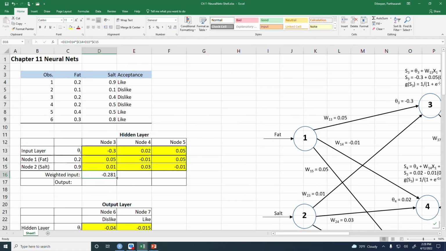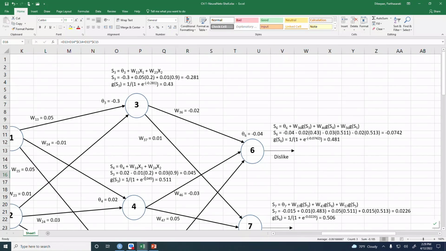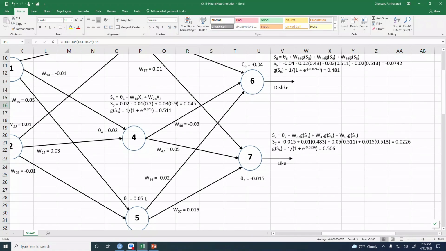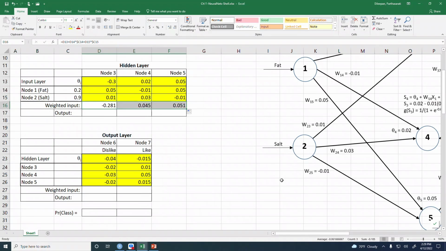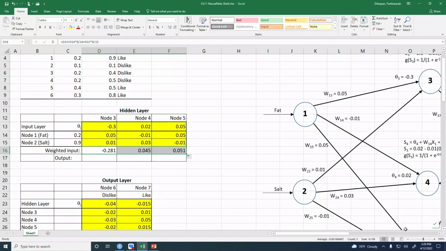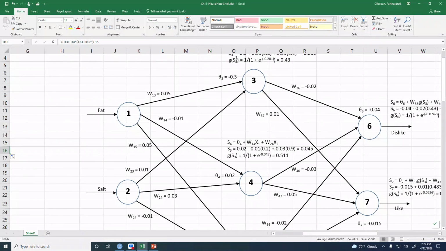Okay, similarly, if you copy that over, you're going to get a similar value for node 4 and then for node 5. So these are the inputs. Then we take these inputs and compute an output. So the output function that we're going to use is the sigmoid function, like what we used in the logistic regression. Once again, there are many alternatives for this.